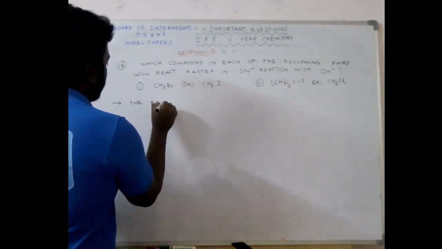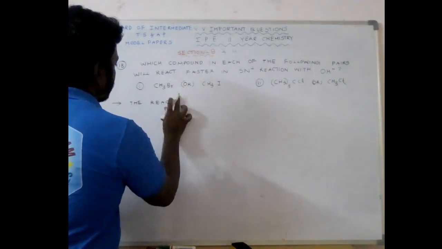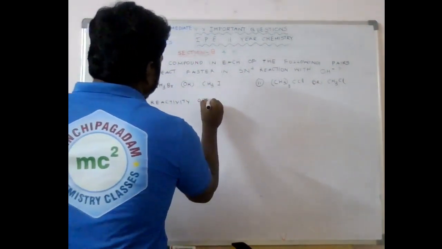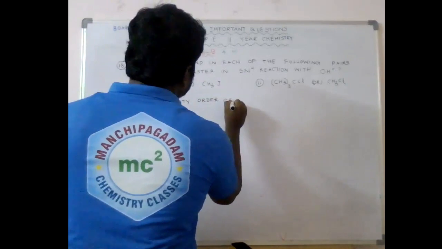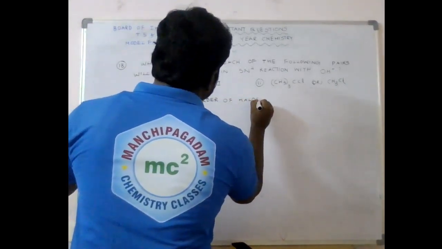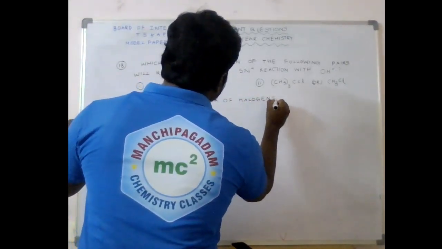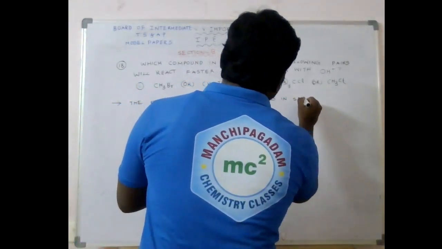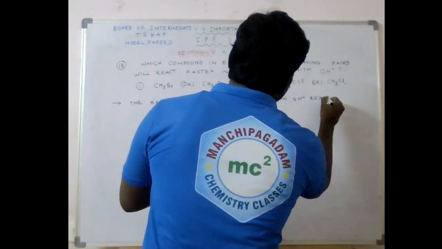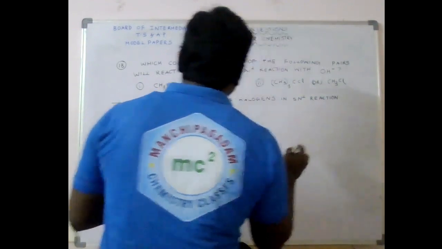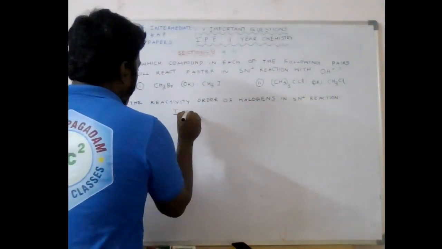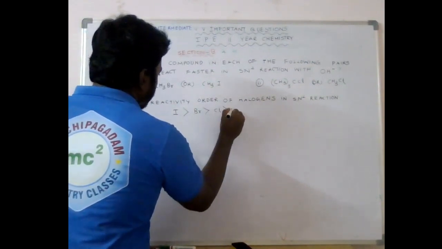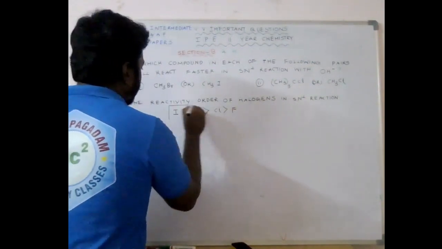The reactivity order of halogens according to SN2 reaction. In SN2 reaction, that order is iodine is greater than bromine, then chlorine, then fluorine. So this is the order.